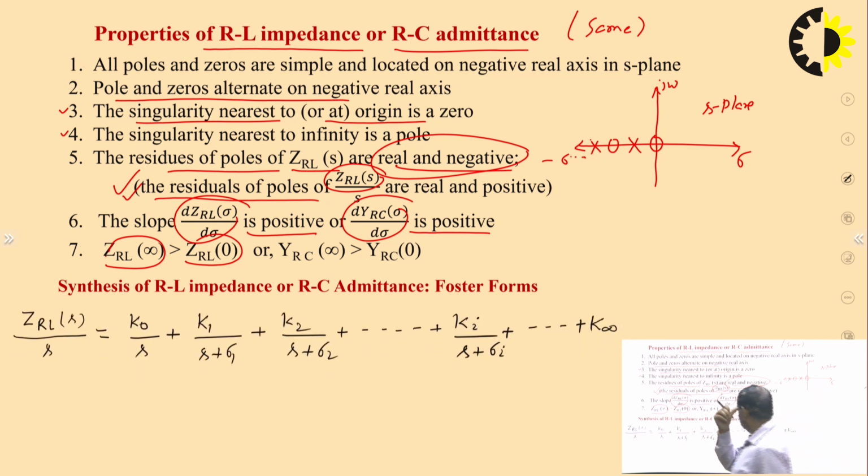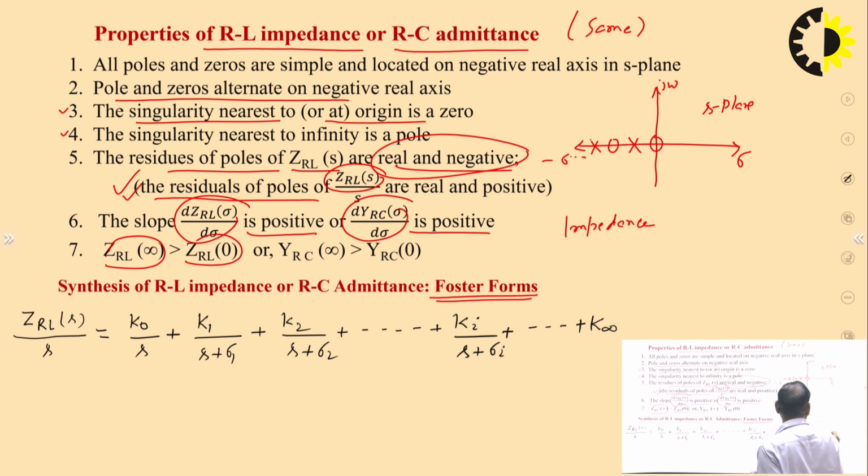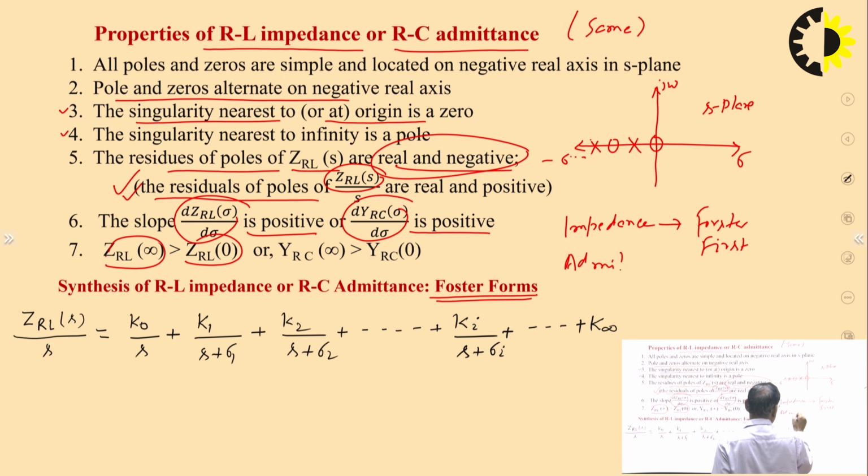Now if we are going for the Foster forms, remember yesterday we discussed the LC network. If the function is impedance, we go for the Foster first, and if the function is admittance, we go for the Foster second, okay.